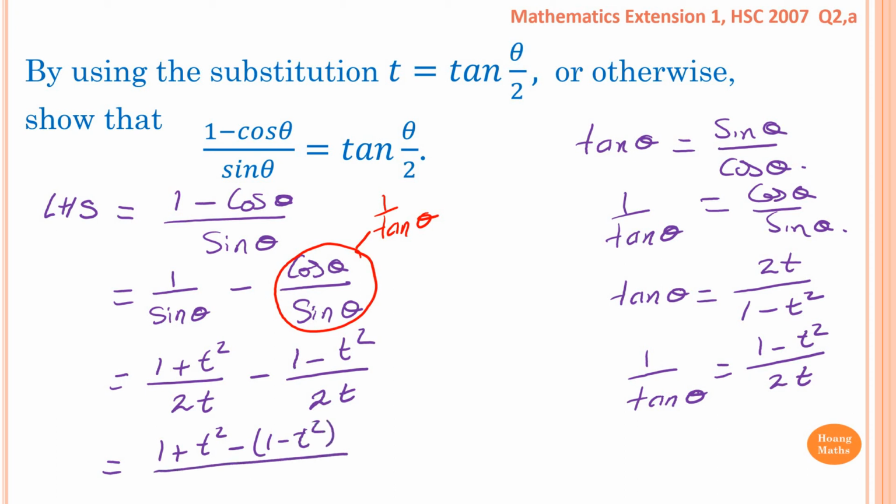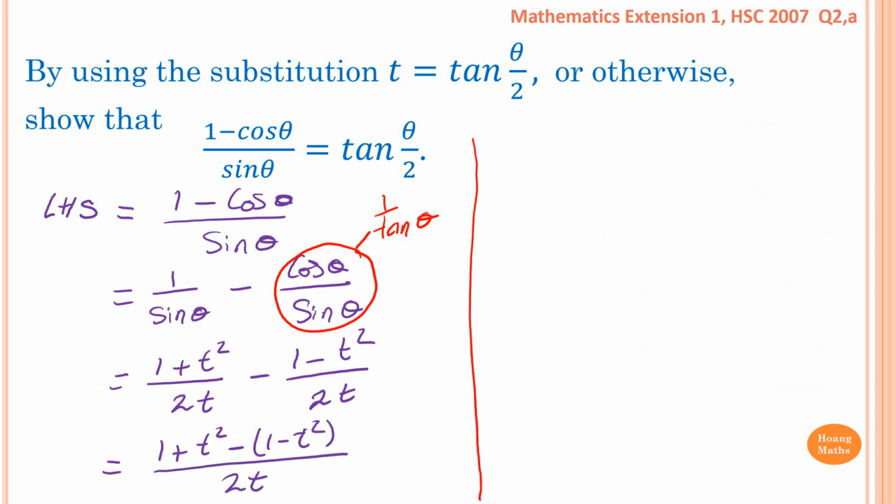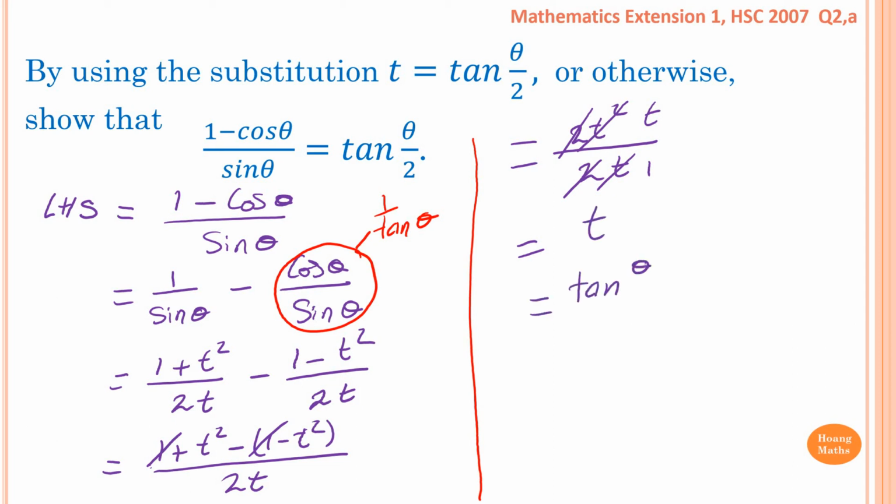So now to simplify it, we get 1 minus 1 disappears, and minus minus t squared becomes plus, so t squared plus t squared is equal to 2t squared, over 2t. To simplify this, of course, this cancels out. t squared divided by t is t. This is 1, so t over 1 is t. That is, t is tan of theta over 2, which is equal to the right hand side.